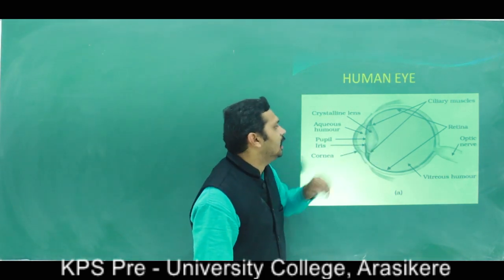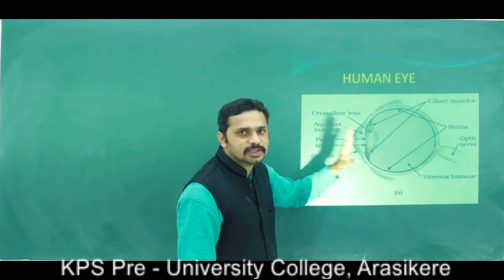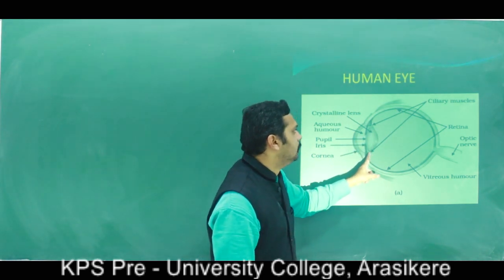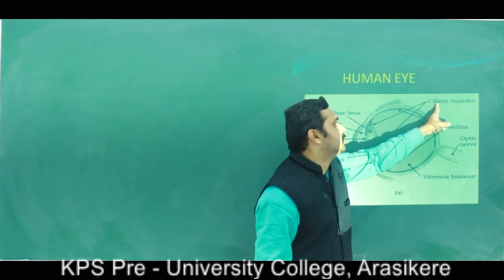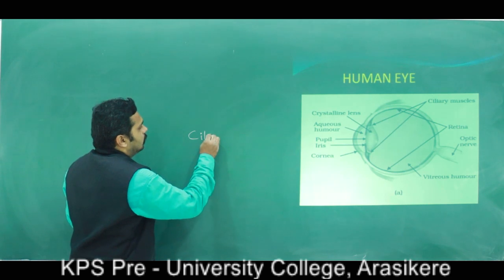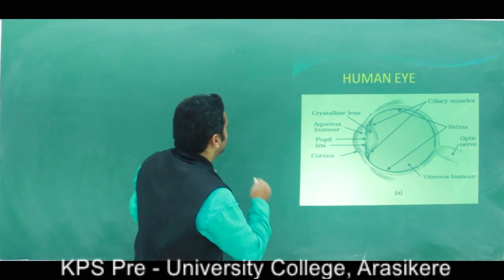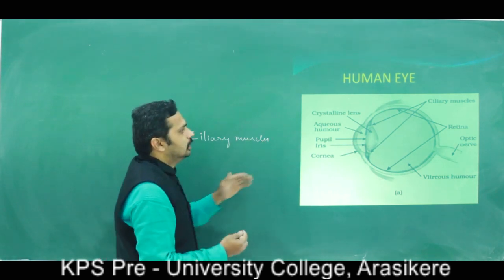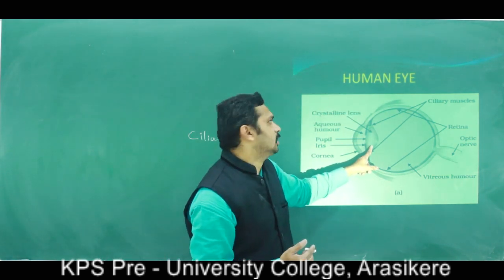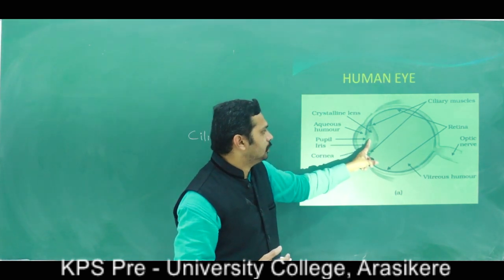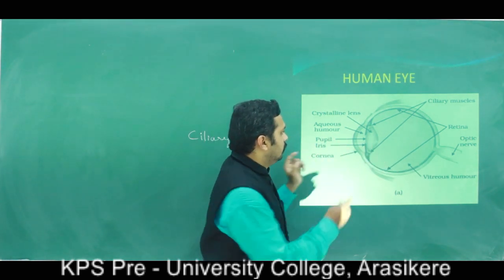This crystalline lens acts as a convex lens, and it is held by very important muscles, which we call ciliary muscles. These muscles hold the crystalline lens.